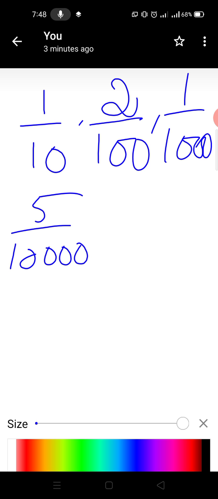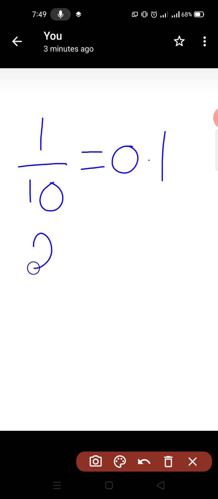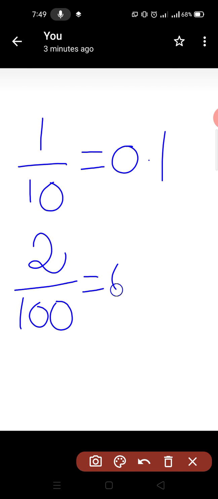So here 1 by 10 can be written as 0.1. 2 by 100 means 0.02.